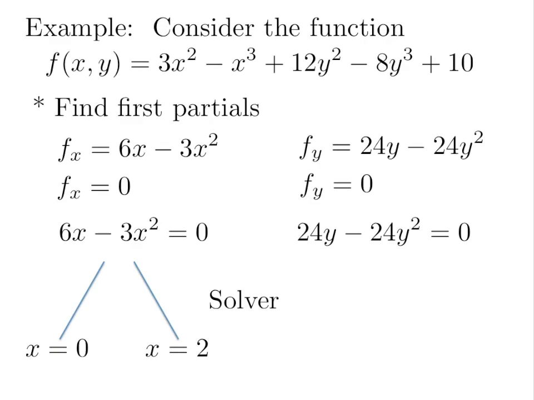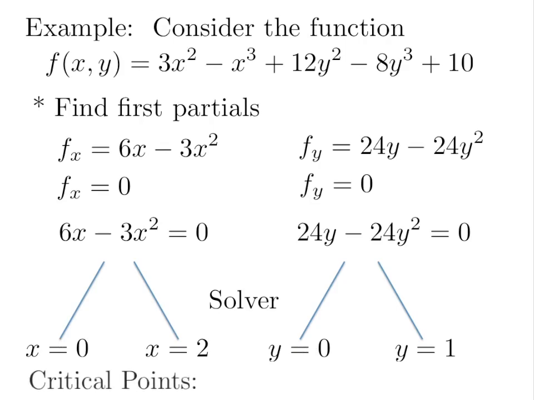You can apply the same method for the equation 24y minus 24y squared equal to 0. The solutions are y equal to 0 and y equal to 1. Here you can mix and match the x coordinates and the y coordinates to get the critical points. Therefore the critical points are (0,0), the combination of x equal to 0 and y equal to 0.